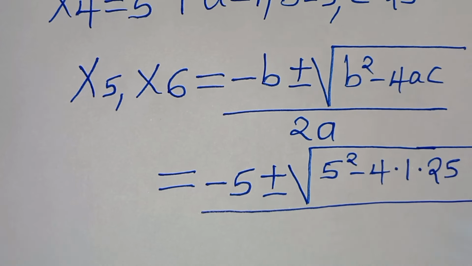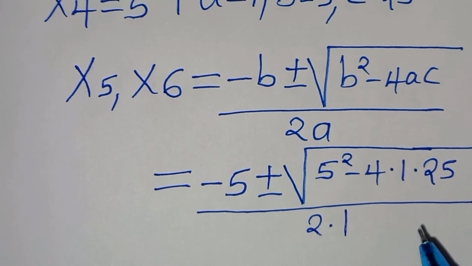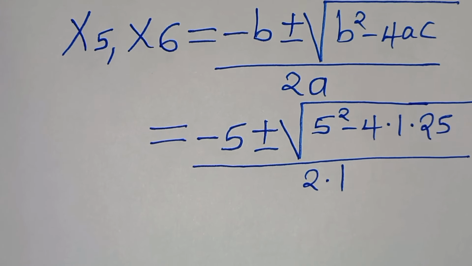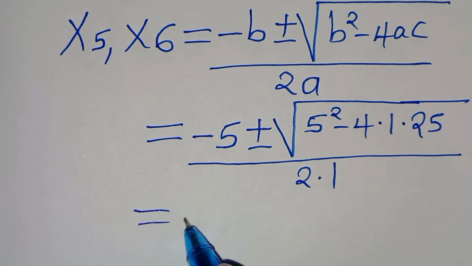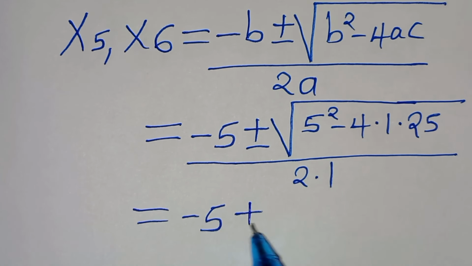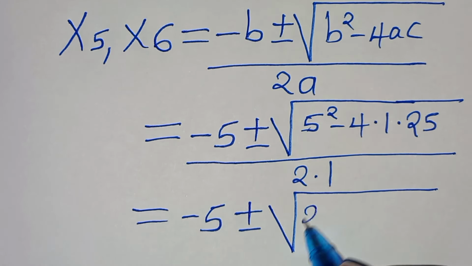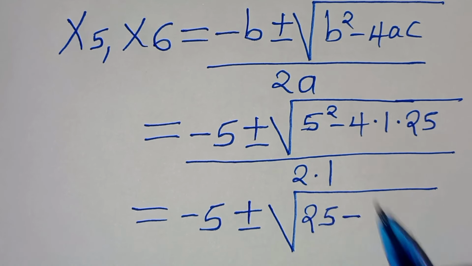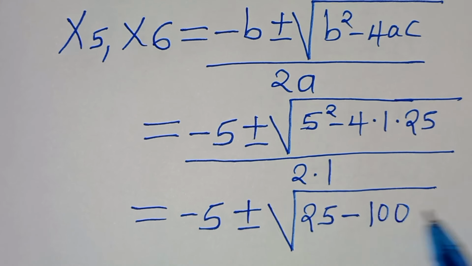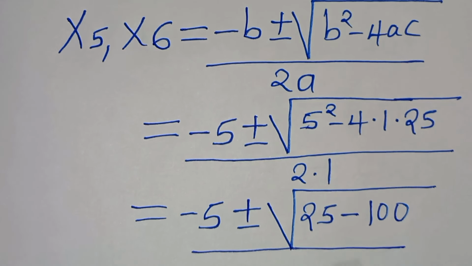Everything here divided by 2 multiplied by 1. So this is minus 5 plus or minus the square root of 5 squared, this is 25, minus 4 times 25, which is 100. Everything here divided by 2.